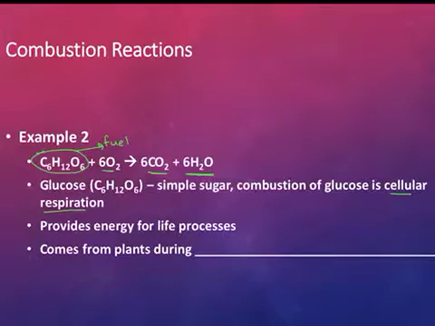This is an important process that provides energy for life. And the glucose comes from plants during photosynthesis. And every living thing uses glucose and will use cellular respiration. So it's a very important chemical process.